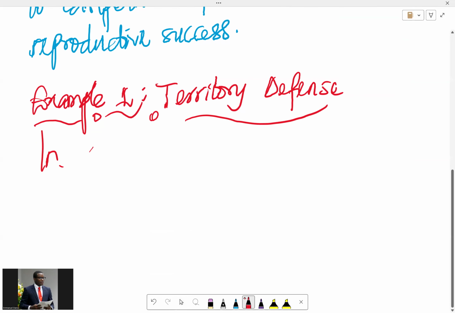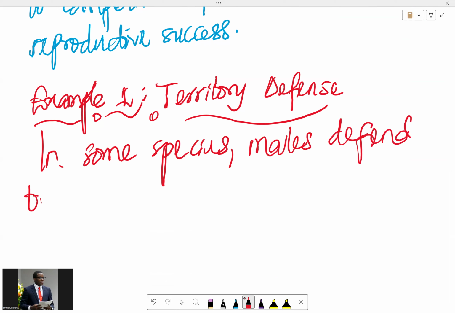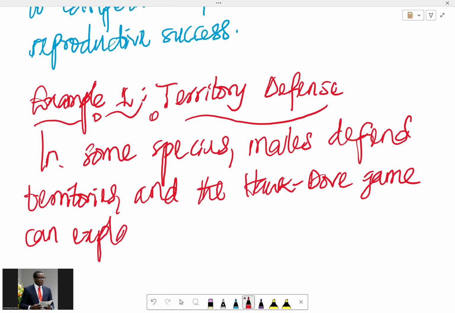So in some species, males defend territories and the hawk dove game can explain the behavior.